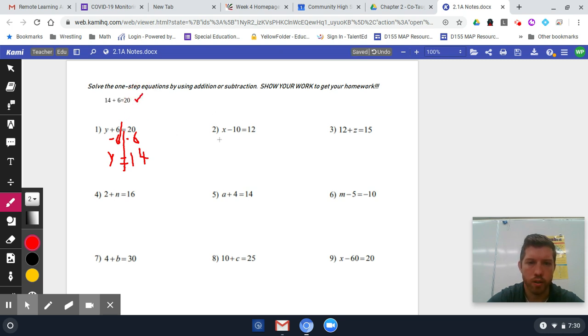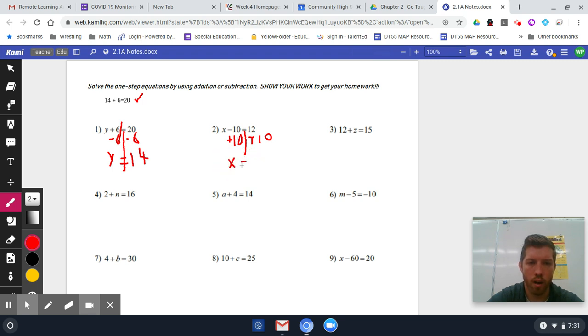We'll try 1 right here too. So how do we get rid of this -10? How do we move the negative to the other side? Well, we add it. We do the opposite. So we add 10 to both sides. These cancel out, which they always should. We're left with a positive x still.